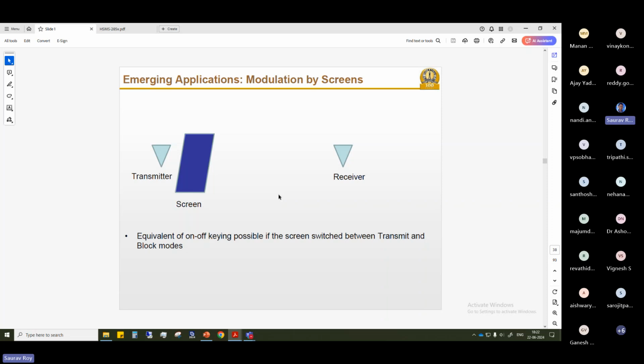So what happens? Generally the wave passes through the environment and is received at the receiver. In normal traditional modulation schemes, like QPSK, QAM and so on, we generate the modulation at the transmitter itself.